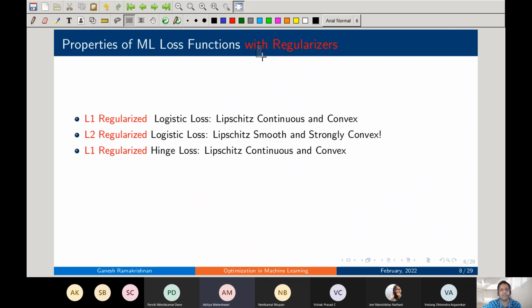I mean, in fact, these things become easier now. There's some property or some calculus, and this is the sum property of both Lipschitz continuity and convexity.